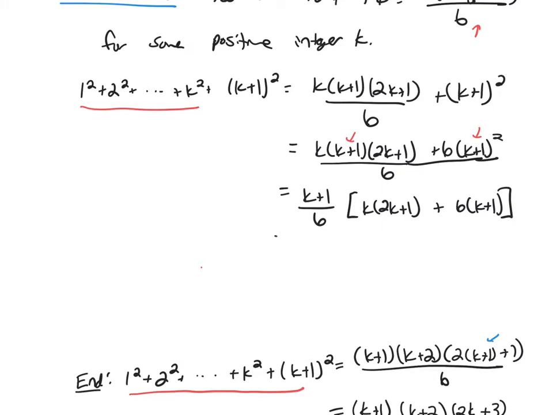So now if you distribute on the inside of those brackets and combine your terms, you'll get 2k squared plus 7k plus 6.